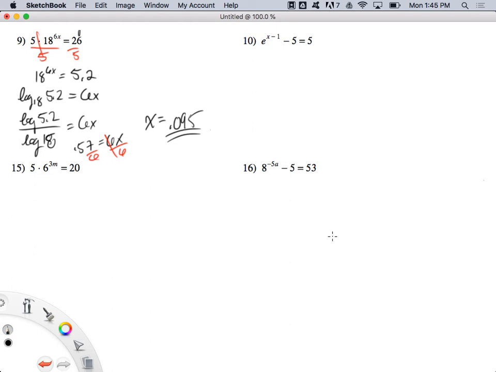Alright, so you have to solve that and divide by 6. Wait, divide by 8. So you do 15.